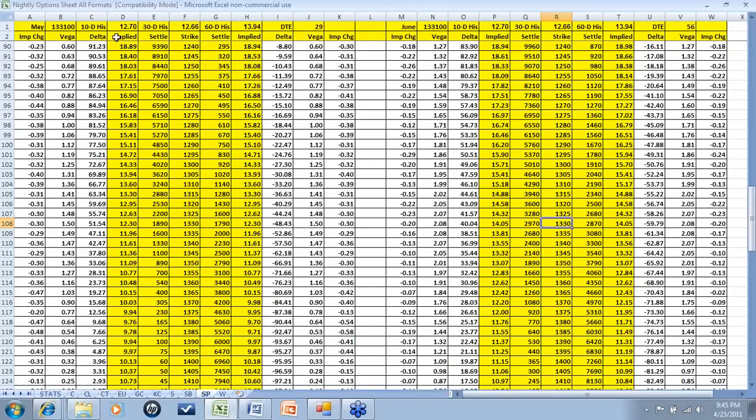You've got the implied volatility of the particular option, the settlement price of that option, and the strike that's associated with that option. And then you do it again for the put side. That's going to be the structure for everything.